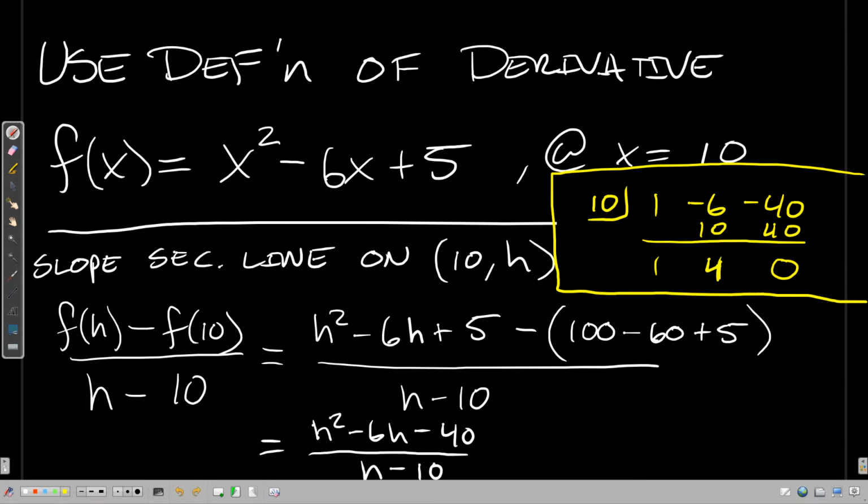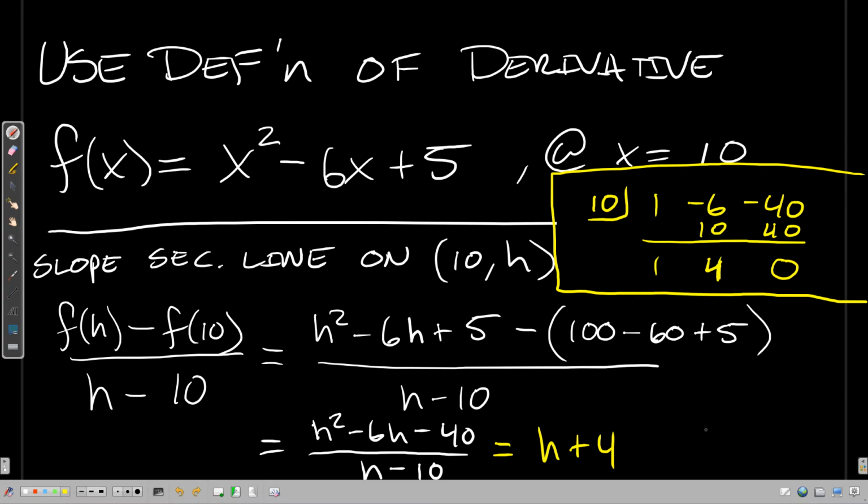So then these are the coefficients of performing that division. And here you would get h plus 4. So I would know that the slope of the secant line on the interval from 10 to h is given by the expression h plus 4.